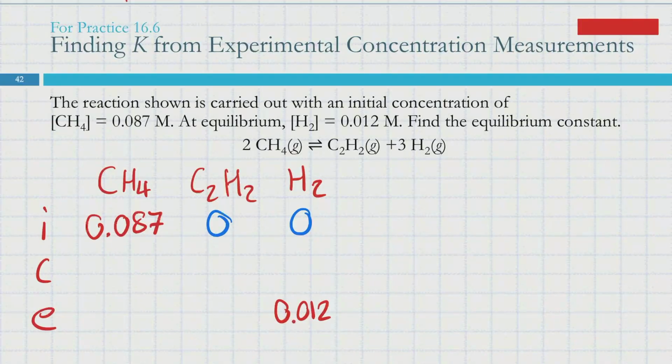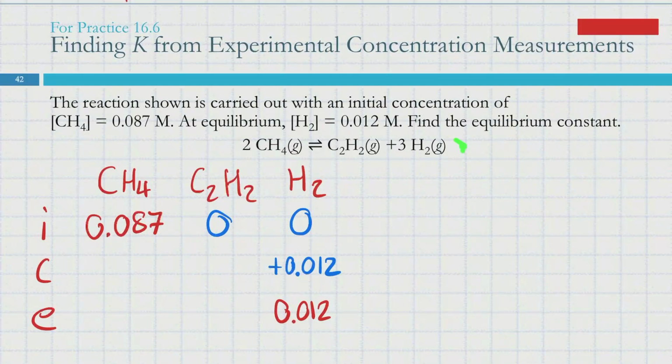All right, our ice table. So we've got initial concentrations of 0 for our products, since they're not mentioned, again, that's assumed. Our change then for our H2 is where we're going to start. So we gained 0.012 molar of our H2.